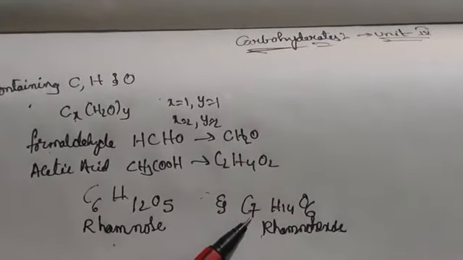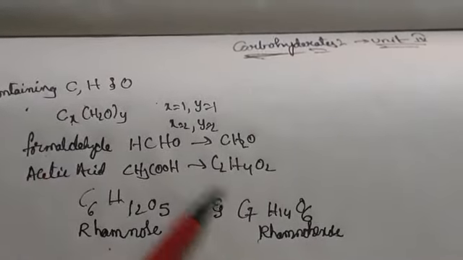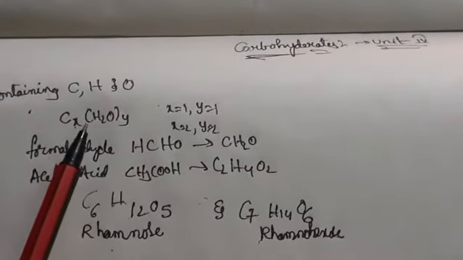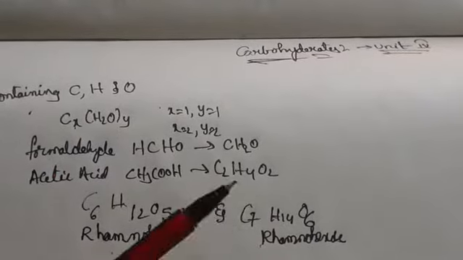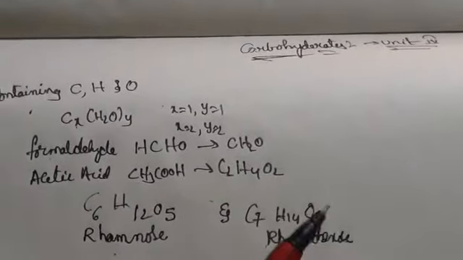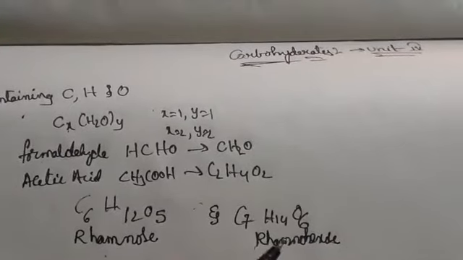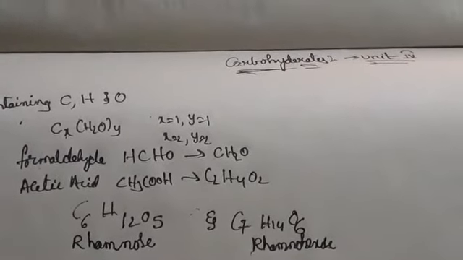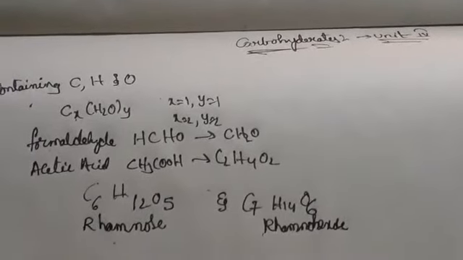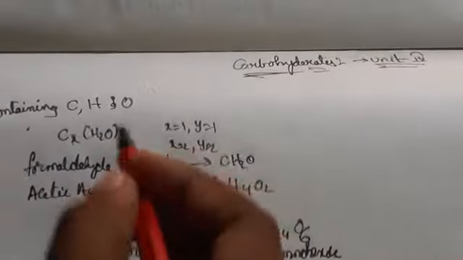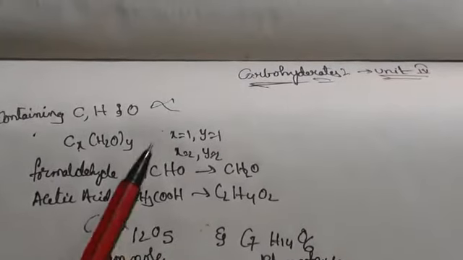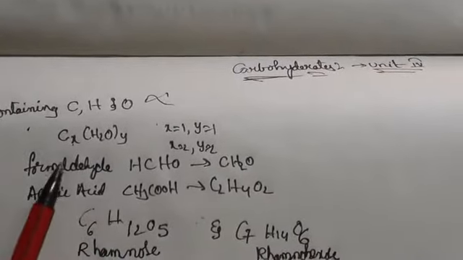And in C7H14O6, oxygen is not satisfying this formula either. So whenever we take any molecule, if hydrogen satisfies, oxygen will not satisfy; if oxygen satisfies, hydrogen will not. This definition is wrong according to this formula.